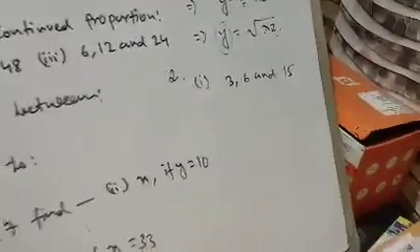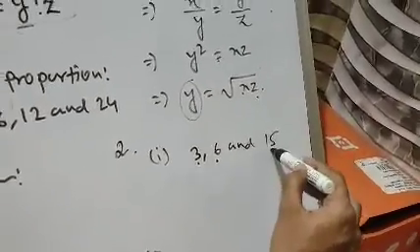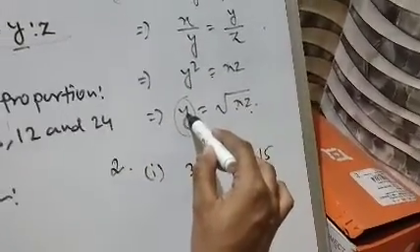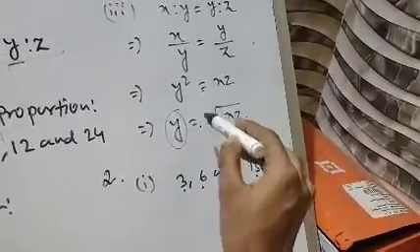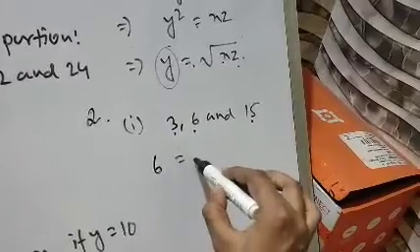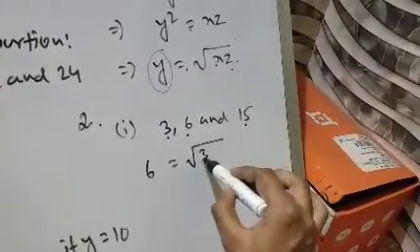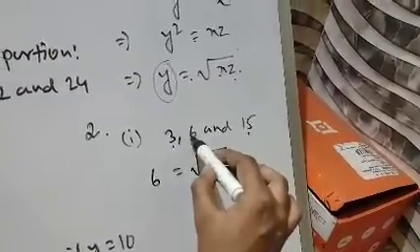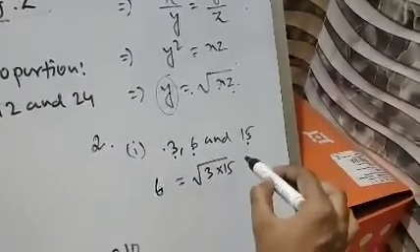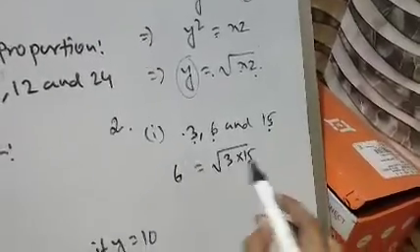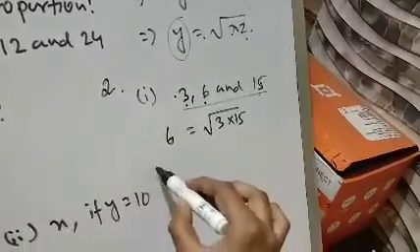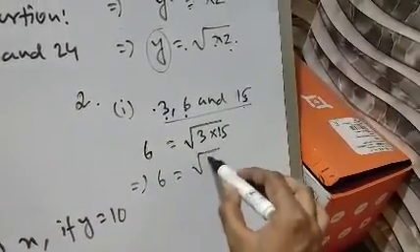This is the first term, this is the second term, this is the third term, and the relation is that the second term should be equal to the square root of the product of the first term and third term. So 6 must be equal to root of 3 into 15, because this is the second term. It must be equal if these three terms are in continued proportion. Therefore, 6 should be equal to root 45.